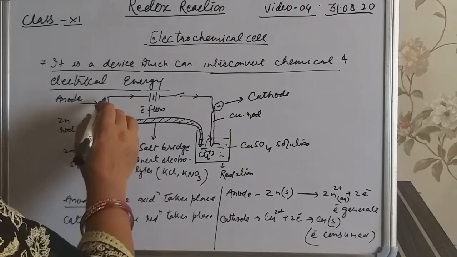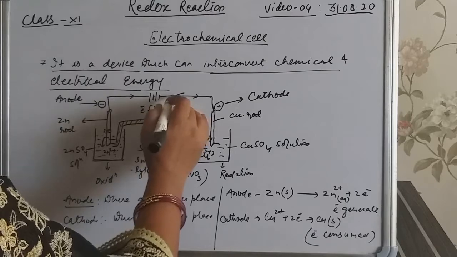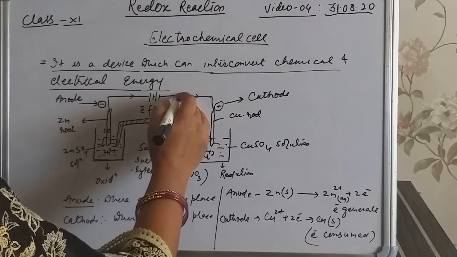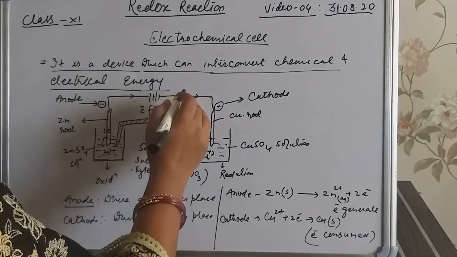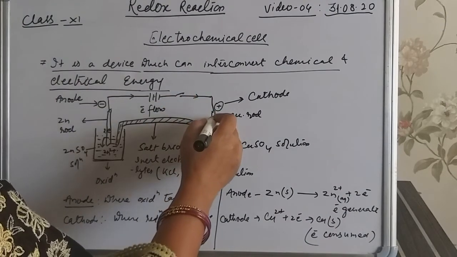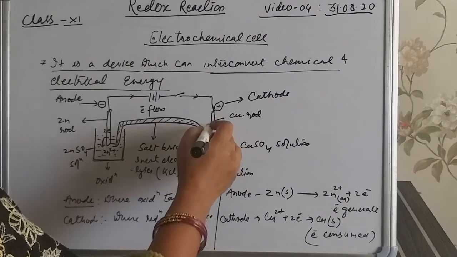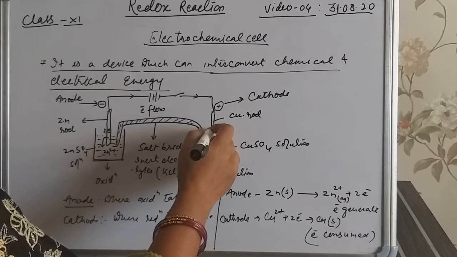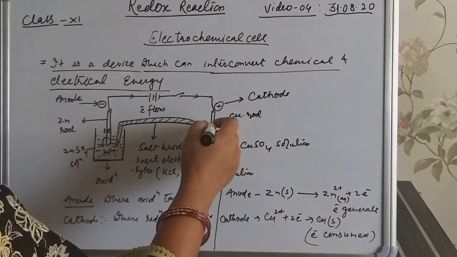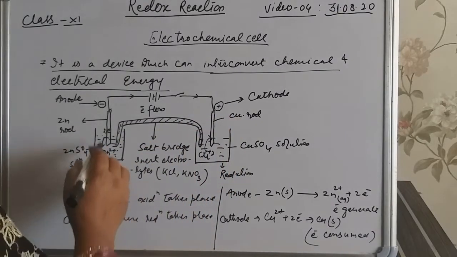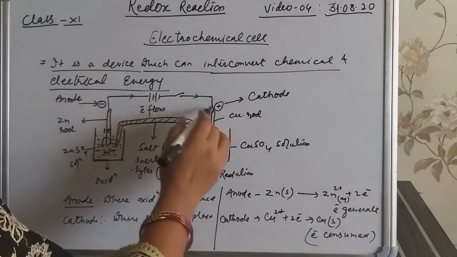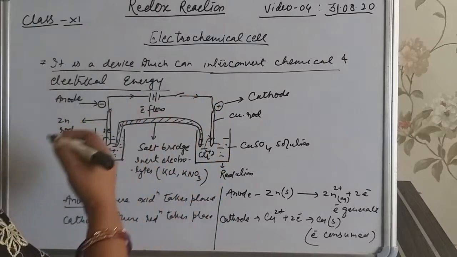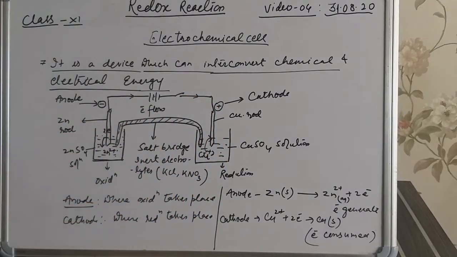When the switch is closed, the electrons go through the metallic wire to the copper electrode, and copper ions from the solution take these electrons and get deposited on the copper electrode. In this way the flow of electrons takes place, and as the electrons flow, current starts to flow.